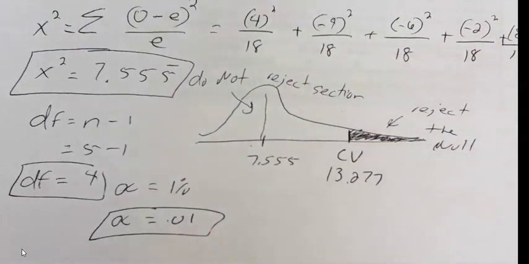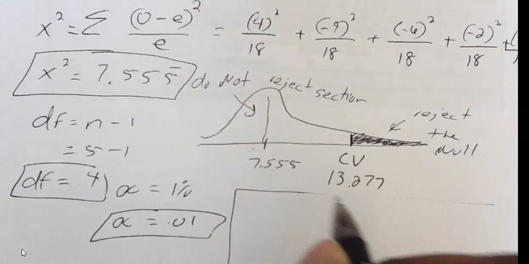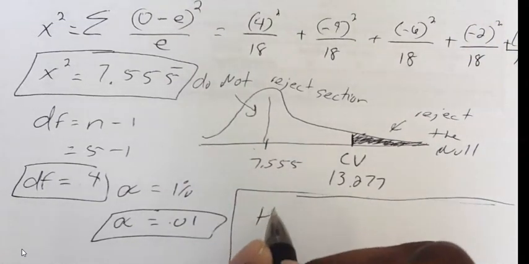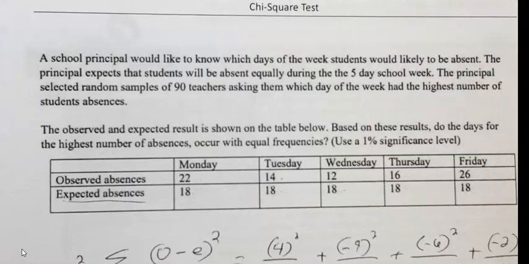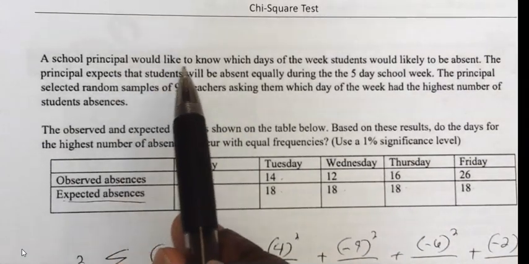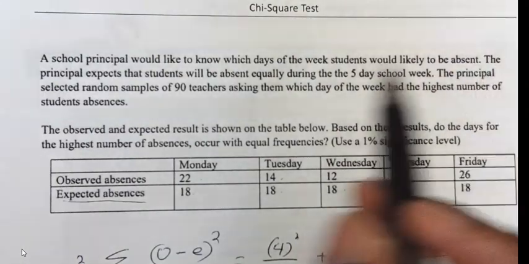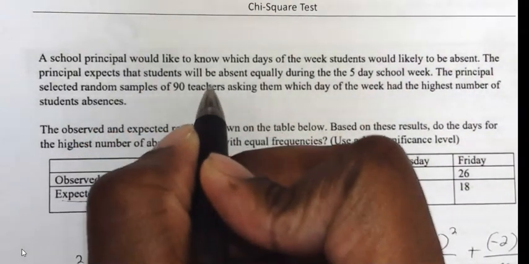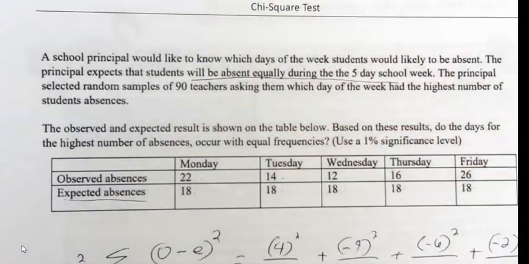So now that we established that, let's go backwards. Let's decide our null. In the original problem, it says that a school principal would like to know which days of the week students will likely be absent. The principal expects students will be equally absent all 5 days of the week.